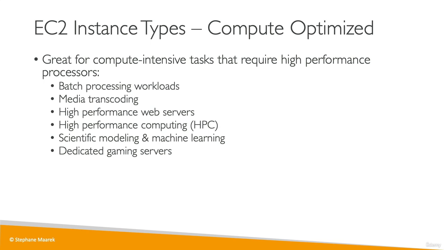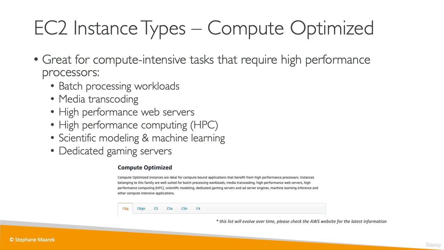All these are tasks that require a very good CPU, a very good compute side. And EC2 instances do have this kind of particularity. For now, all the compute optimized instances in EC2 have a C name. So C5, C6, and so on.